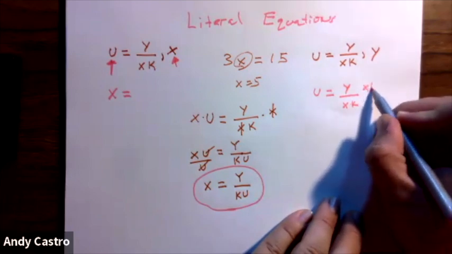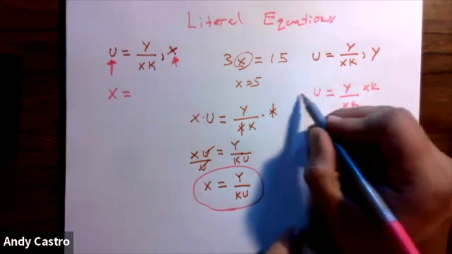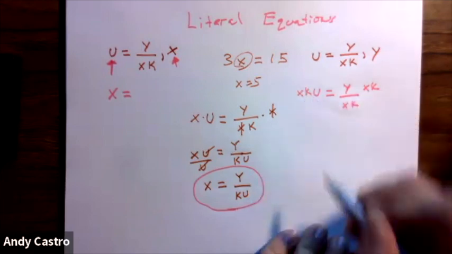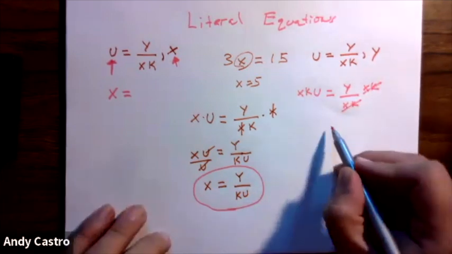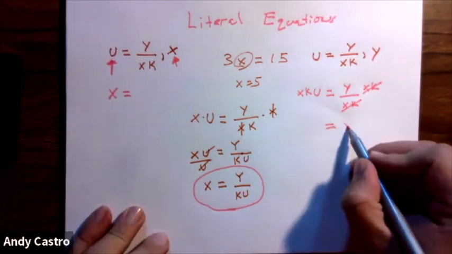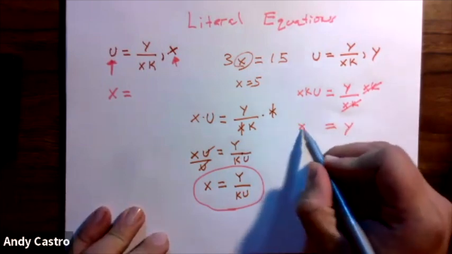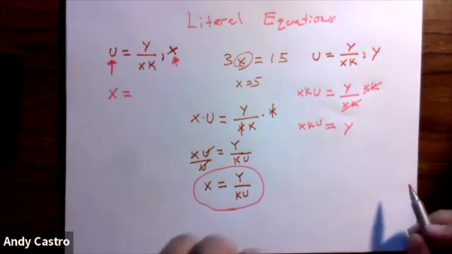If I multiply xk here, and I'll multiply xk here, xk will cancel on the right side, and I'm left with y is equal to xku.